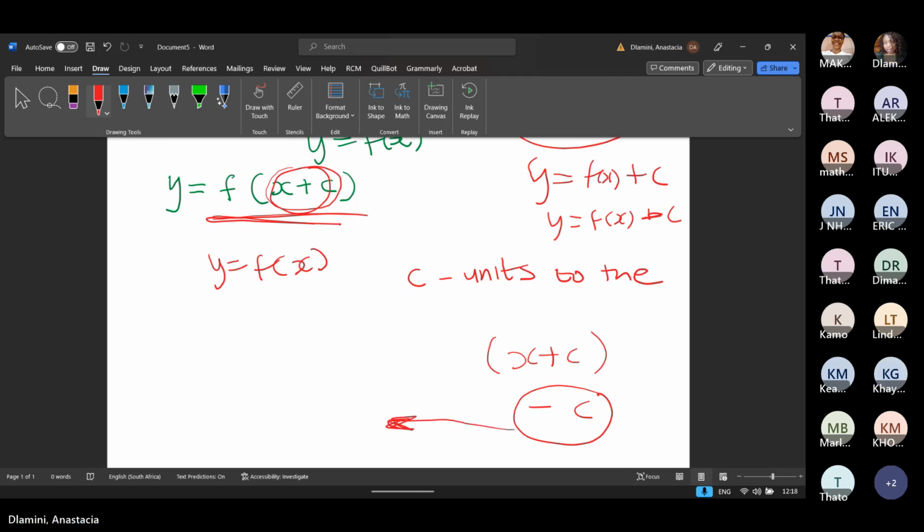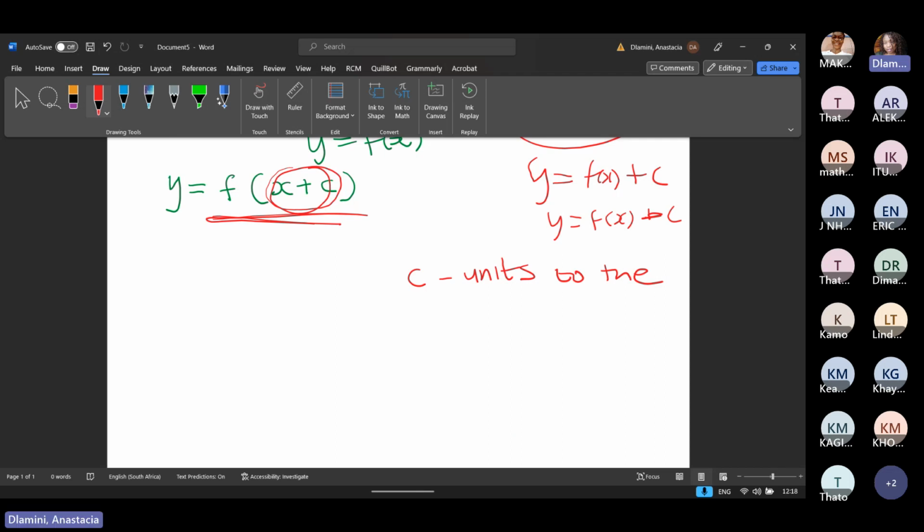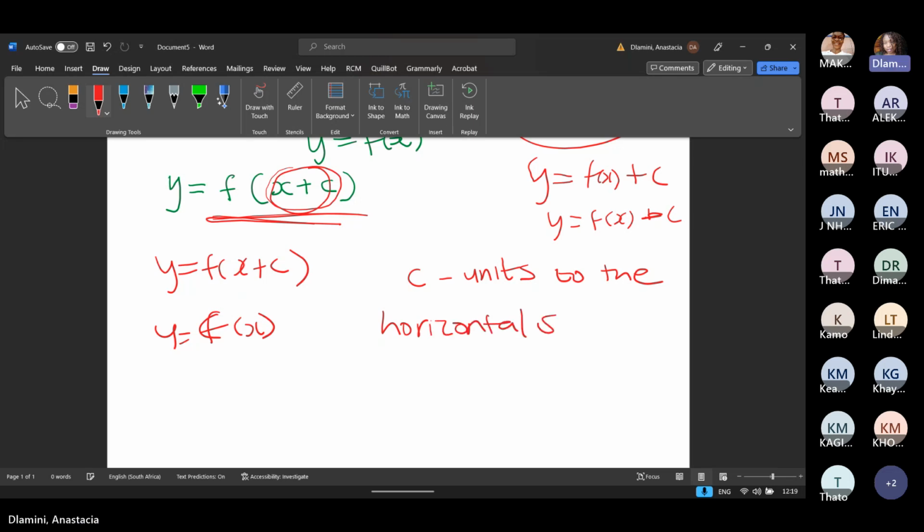Remember that. So if you add, it means that you're shifting your graph horizontally to the left. So y equals f of x plus c means that you're shifting the graph of y equals f of x horizontally to the left. Are we all together?